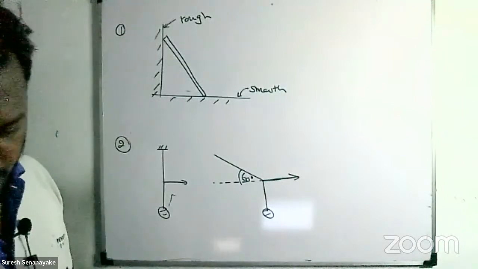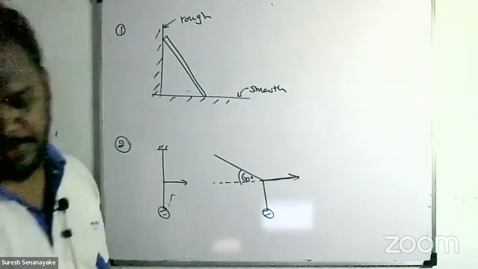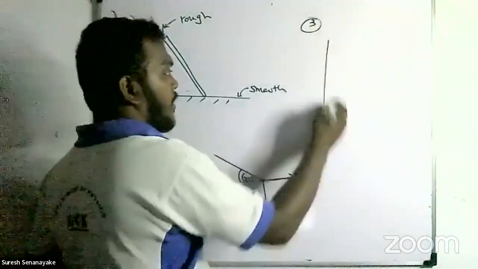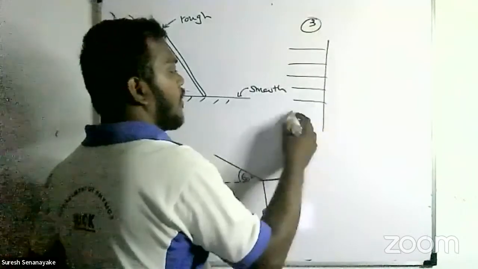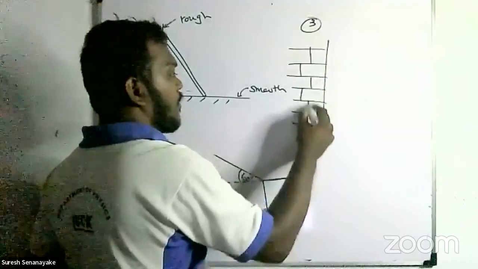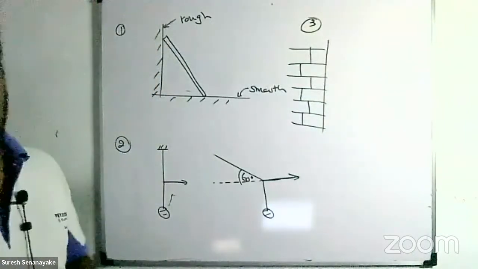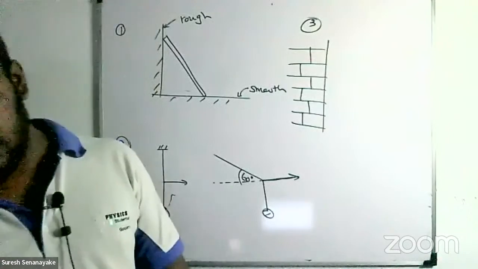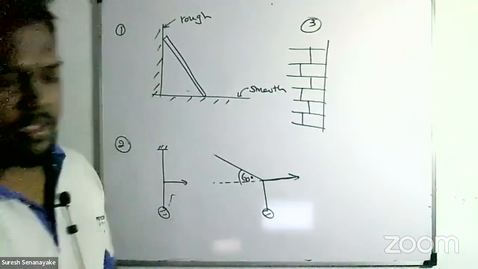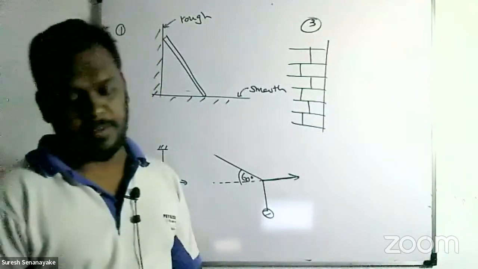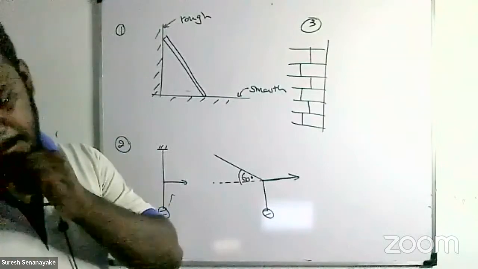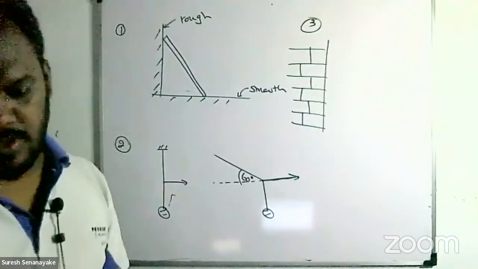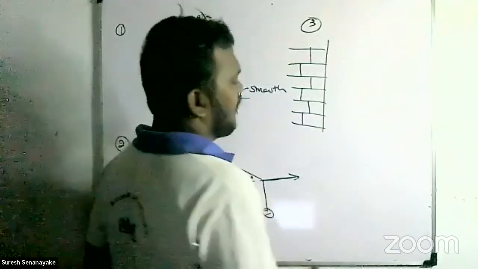Third question, right? A smooth sphere of radius r and weight W hung by a light string of length r.